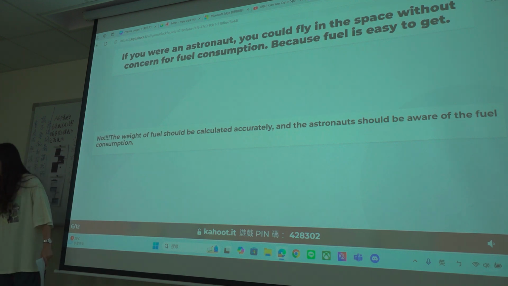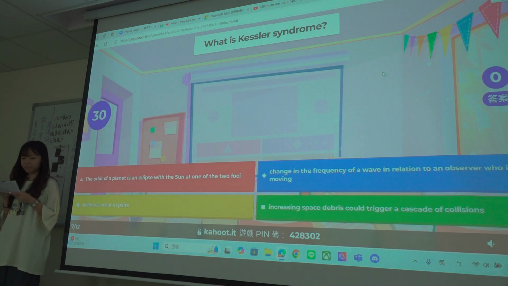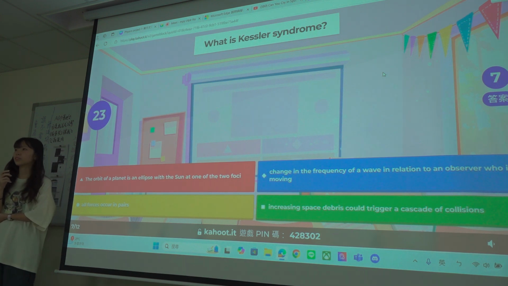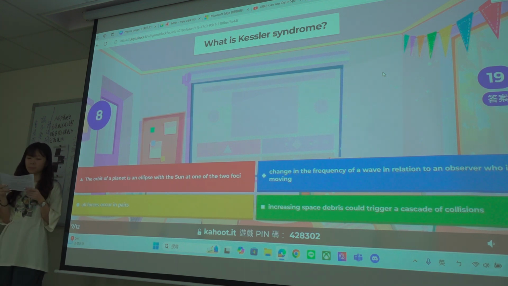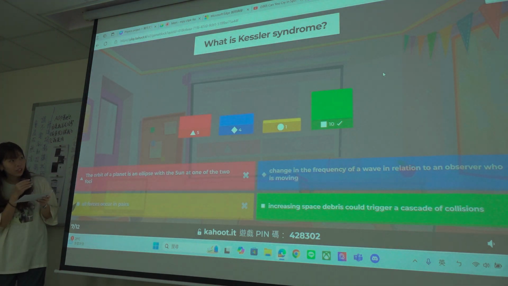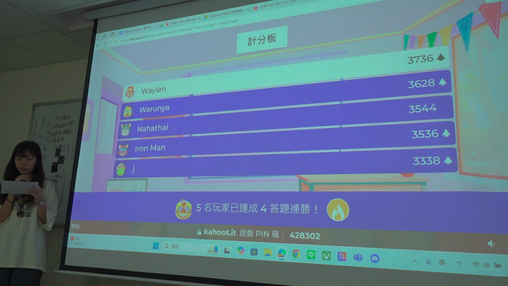Question 4. What is Kessler syndrome? Just as Nicole introduced before, Kessler syndrome is also called the Kessler effect and collisional cascading.